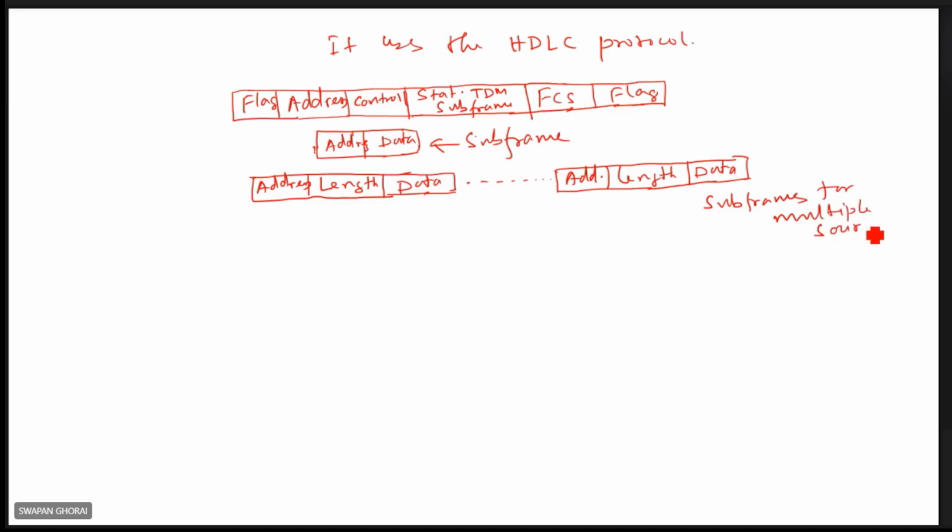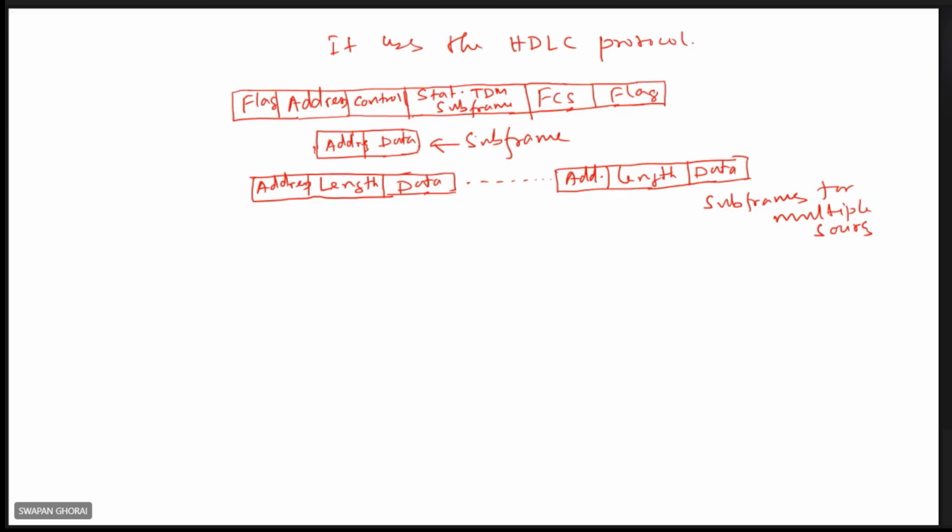Multiple sources. So you can see it here. If one source of data is inputted per frame, then it will be inefficient for heavy load conditions. So generally, multiple data sources are integrated in a single frame.